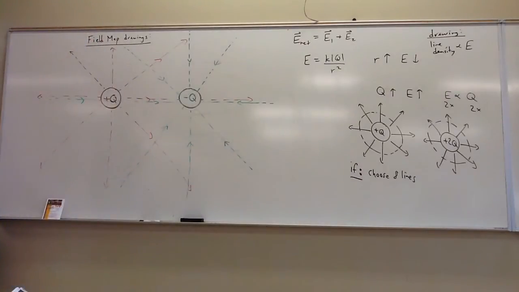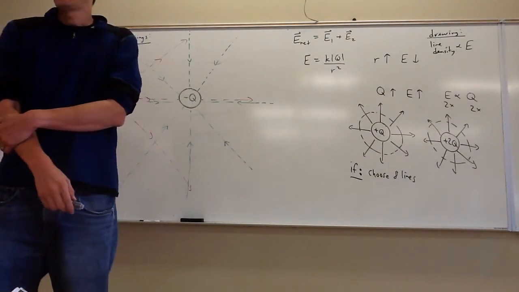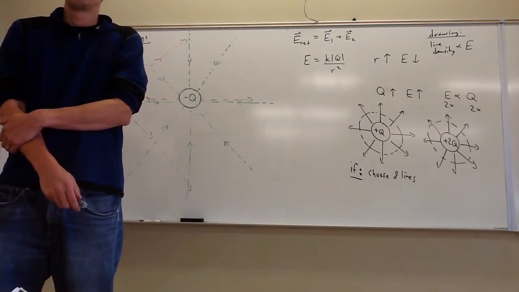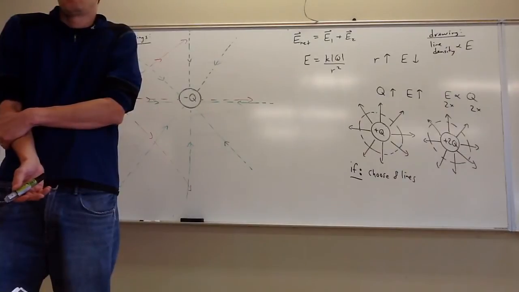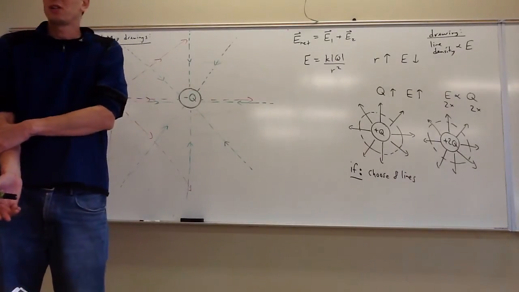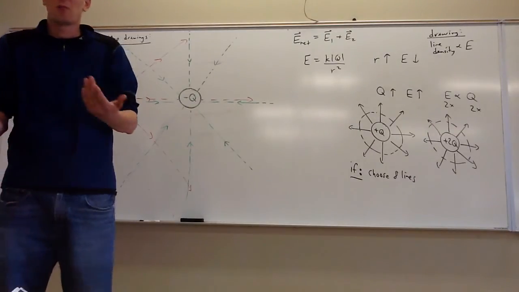And the problem is with the line density. Because I chose to draw 8 lines out of both of those, the line density is the same at the given distance. Why is that a problem? It's not representative of the fact that the electric field should be twice as strong. So how do we rectify that? Draw more lines. We draw more lines, exactly.